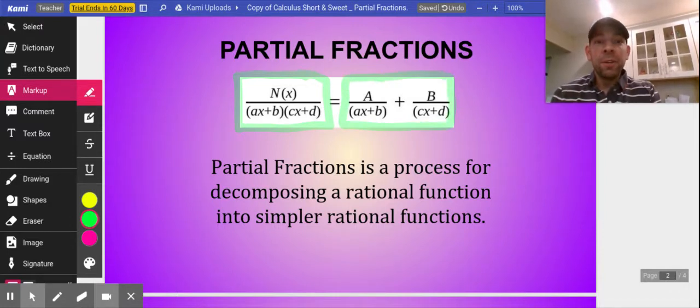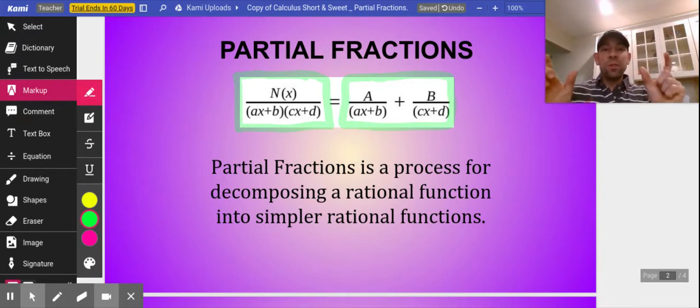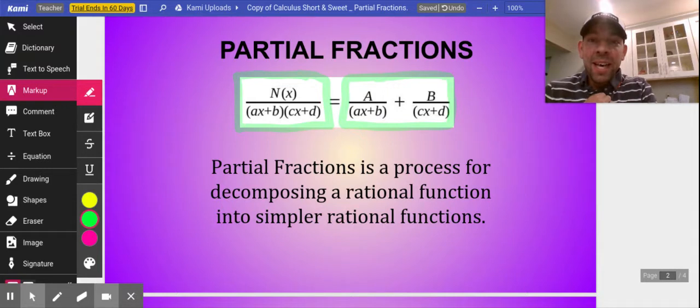And back probably in your old Algebra 2 days, you got a lot of practice with taking two rational functions, creating a common denominator so that you could combine them and add them together. Now we're going to reverse that process where we break it down into its two simpler parts. For us today, a lot of times you're going to see that this numerator is going to be 1 degree less than your denominator. And for us today, these denominators are going to be distinct linear factors.